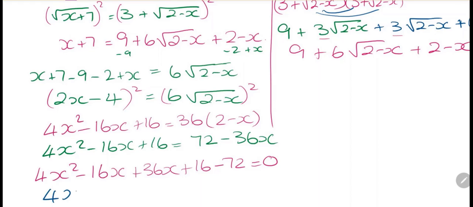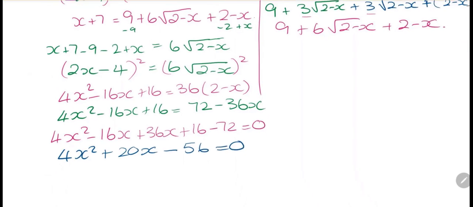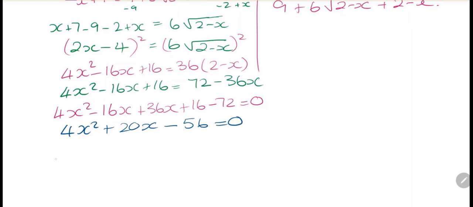So we've got minus 16x and 36x, so that's going to leave me with plus 20x. And 16 minus 72 is going to leave me minus 56. And we can factor this by 4. So I'm going to factor by 4, and this will leave me with x squared plus 5x minus 14.